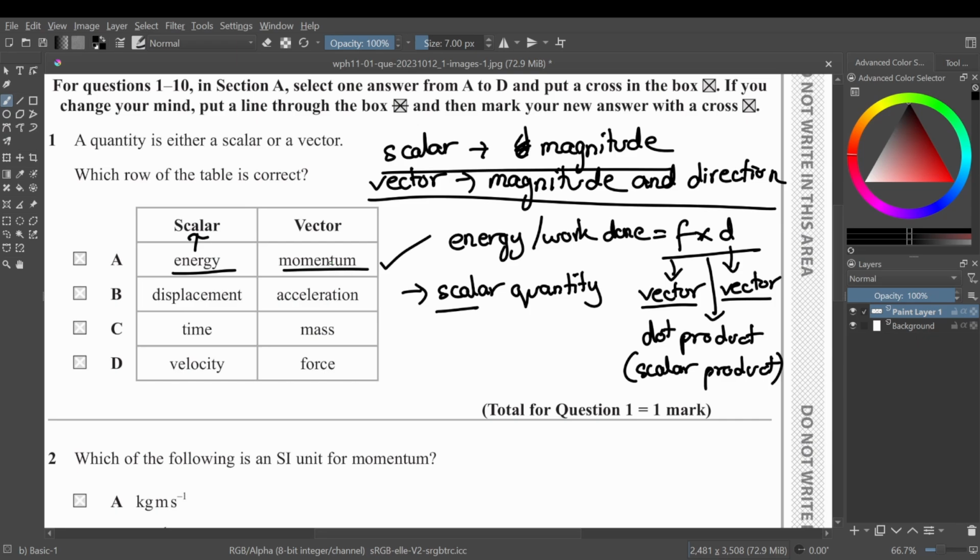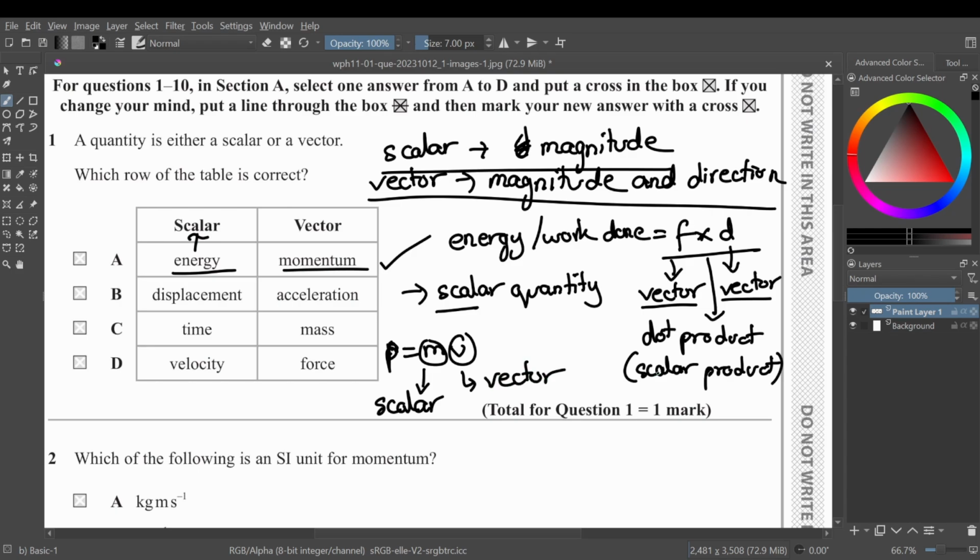Why is momentum a vector quantity? Let me explain through the formula. The momentum formula is P equals mv. P is momentum, m is mass, and v is velocity, right? Mass is a scalar quantity and velocity is a vector quantity.